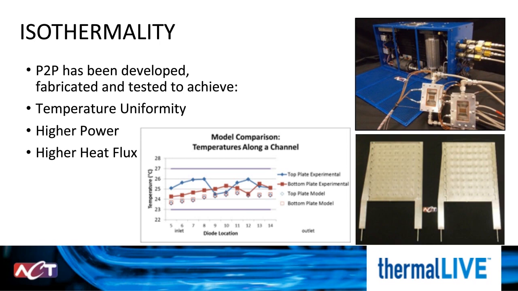After completion of the model, ACT built and tested the two cold plates. The experimental test results proved out the isothermality capability by holding the diodes to nearly 25 plus or minus 1 C. The test results also validated the developed model and were further validated with a more accurate curve by the customer.